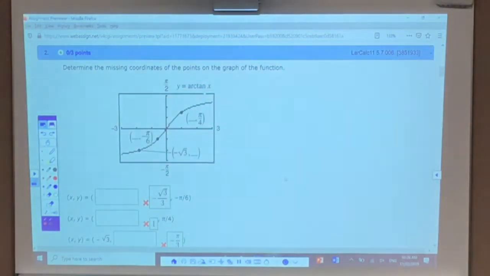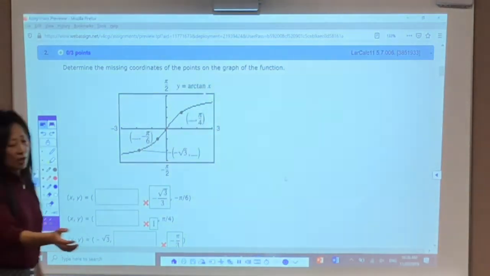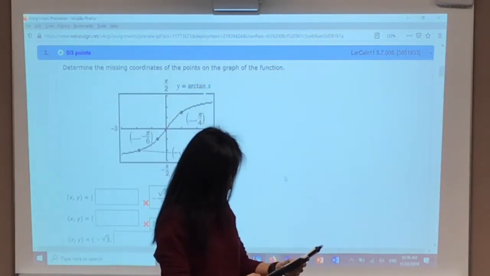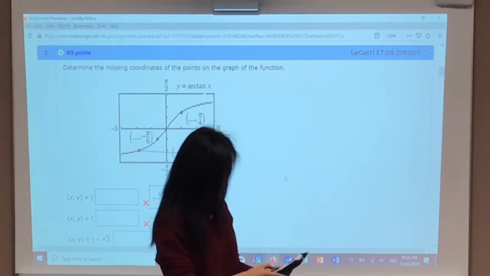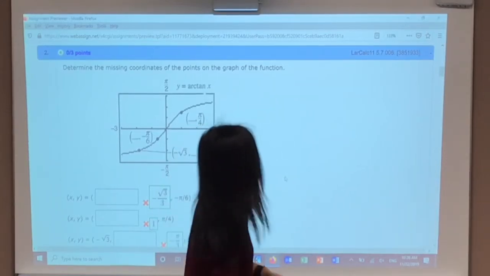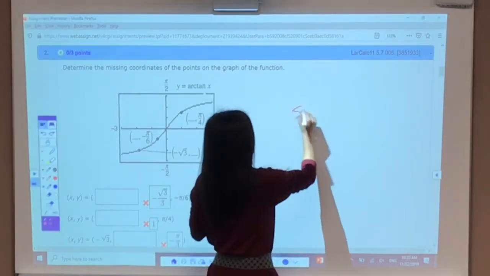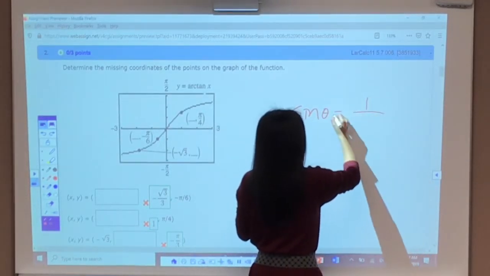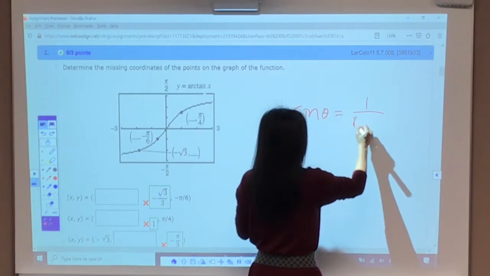How do we plug a cosecant into the calculator? Cosecant, let me see your calculator. I think it's 1 over sine. That's what you have to put in, isn't it? Yeah. So sine theta is the same as what? 1 over what?